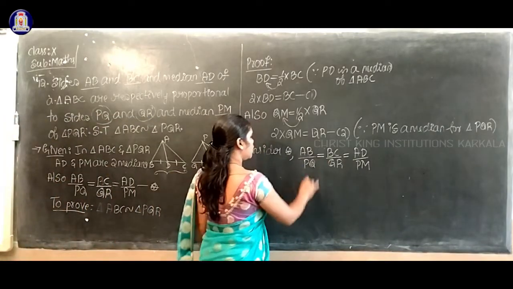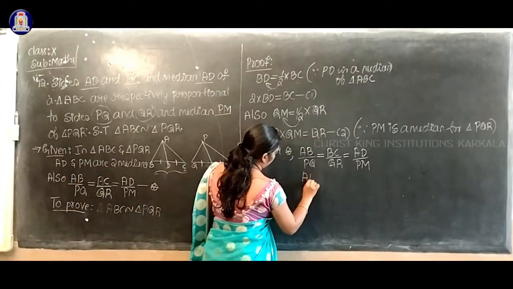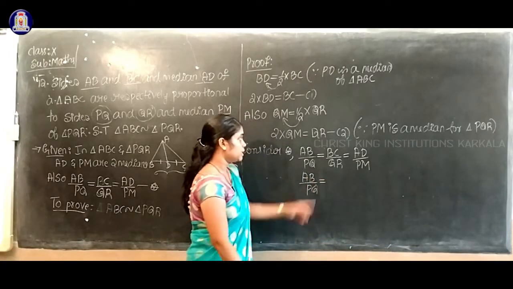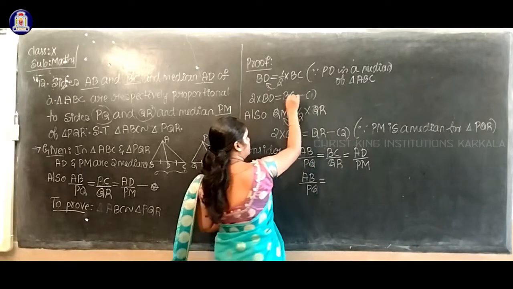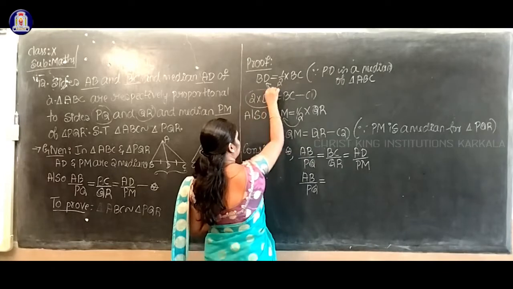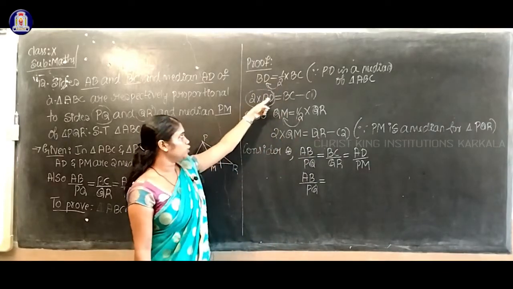Now AB by PQ, write it as it is, no changes. For BC, from equation 1, in the place of BC, replace this value, 2 into BD.